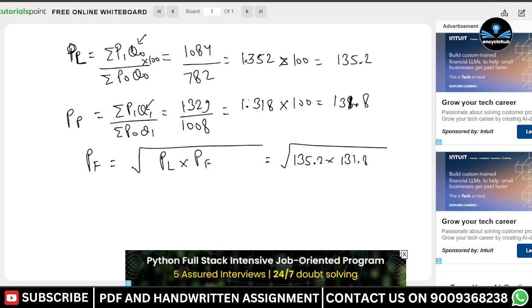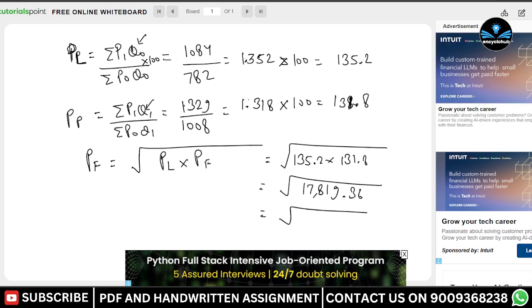We will multiply these values and find the square root. The product is 17,819.36.